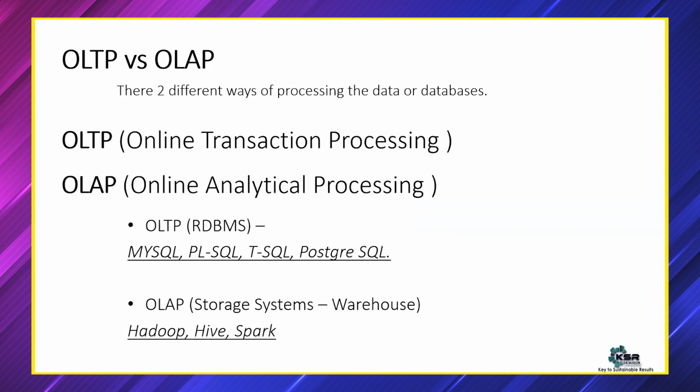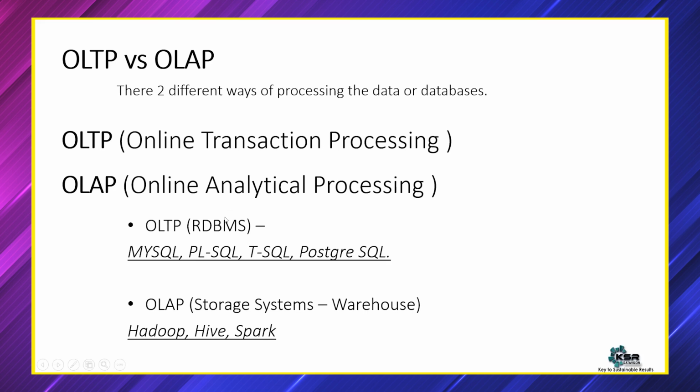So starting with, let's rewind back. We have already gone through OLTP and OLAP, what exactly OLTP and OLAP mean. These are the two ways of processing the data or any specific database.